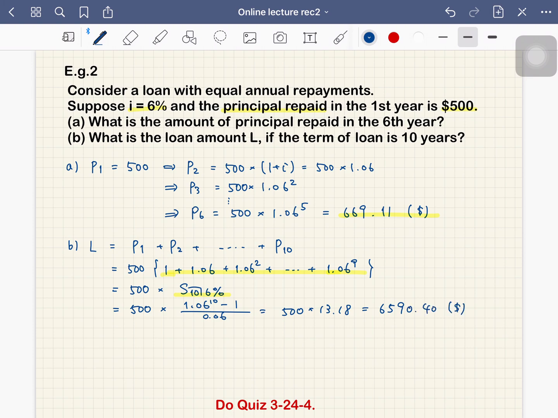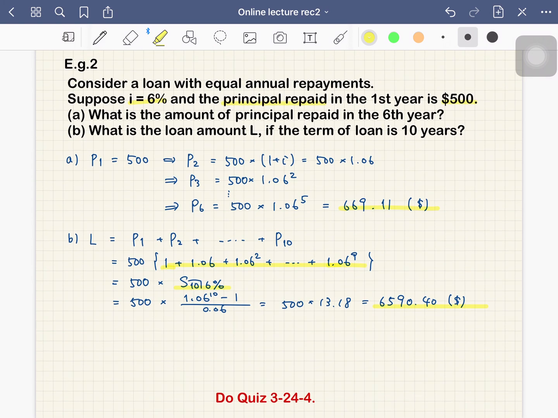So the answer is $6,590.40. You can see that the property that principal repaid grows at the rate of 1 plus i is very useful for solving this type of question. Now you can do quiz 324-4.